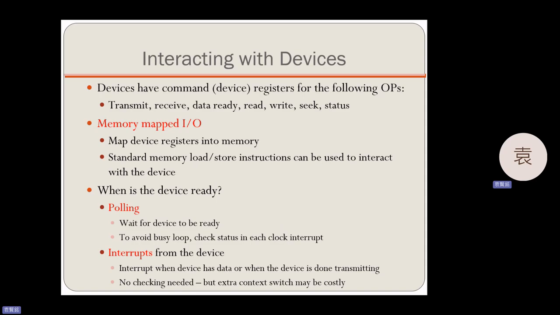Instead, the polling may be done in association with the timer interrupt. Whenever the timer interrupts, the operating system does the context switch for the time slice, and also checks the status of those devices. That can be done at the same time. So that's a good polling mechanism.